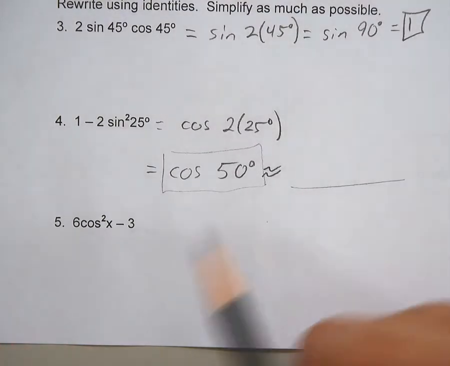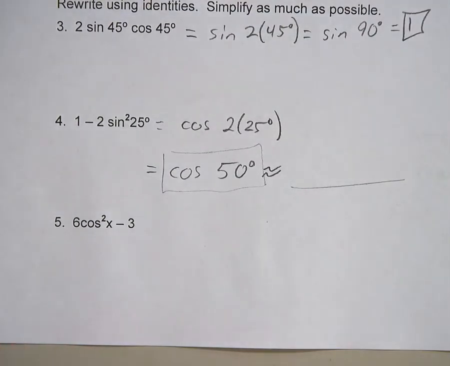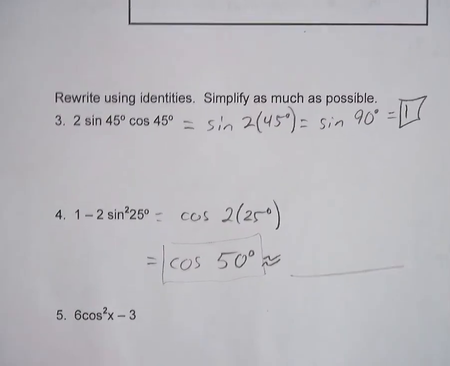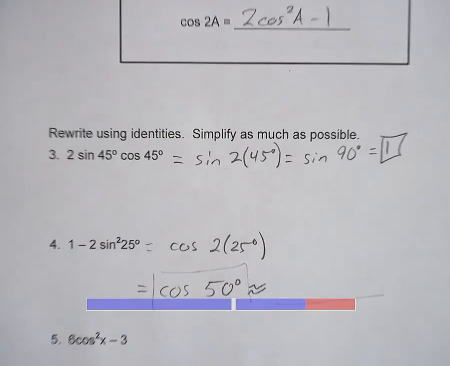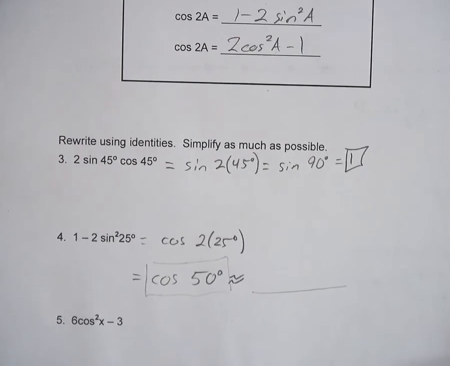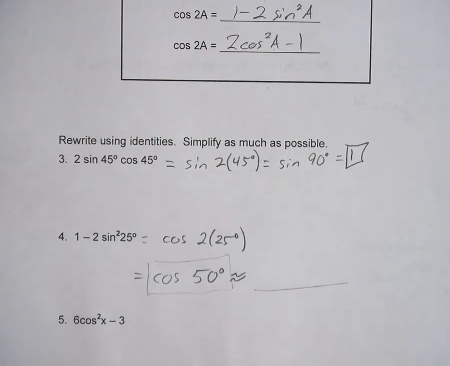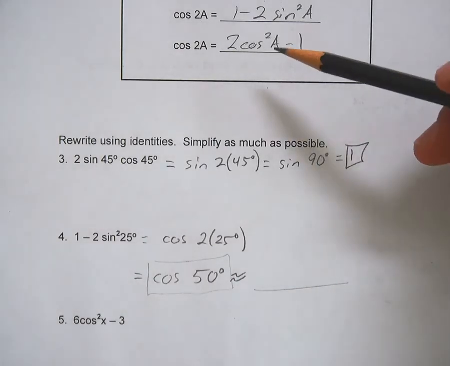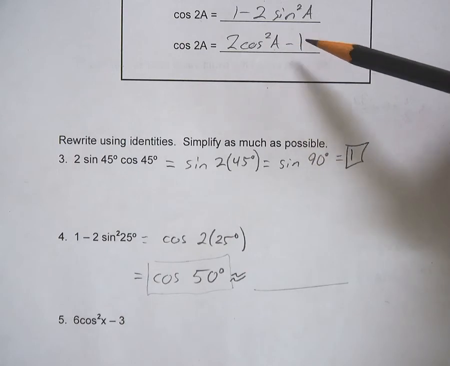And then number 5 is 6 cosine squared x minus 3. Now this is the first time we're not actually dealing with something specifically on here. Well, this is where being clever comes into it a little bit. It's pretty close to this one, isn't it? Sine squared a minus something.